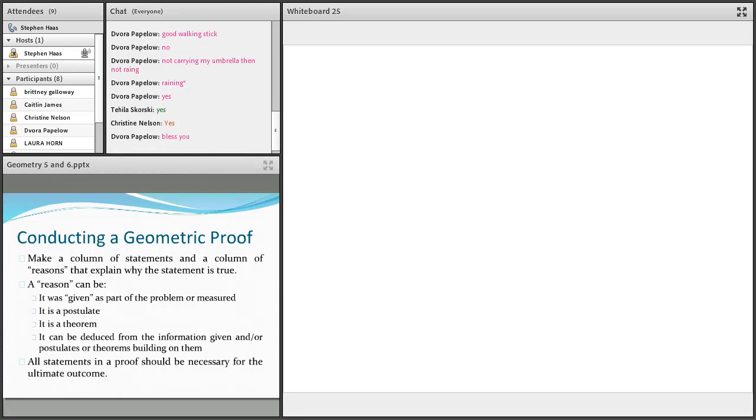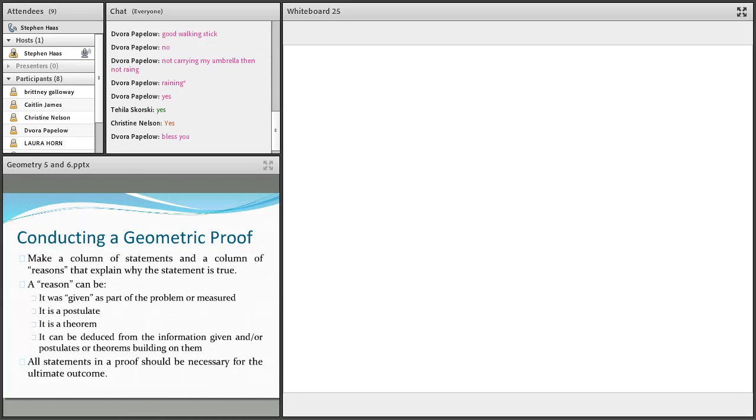Okay. Conducting a geometric proof, or a logic proof for that matter, although we're not going to discuss logic proofs, is that you need to establish a statement of two columns of statements or reasons.